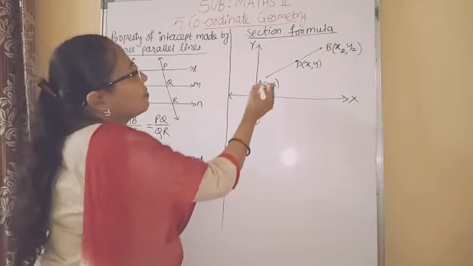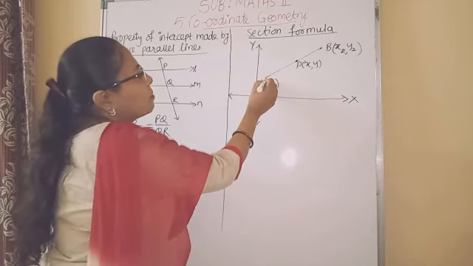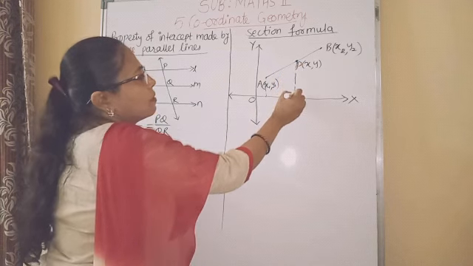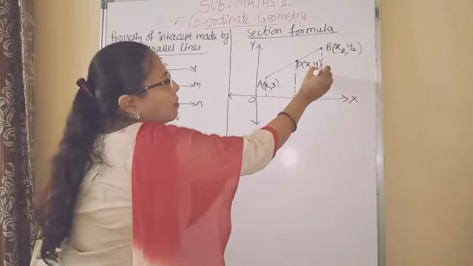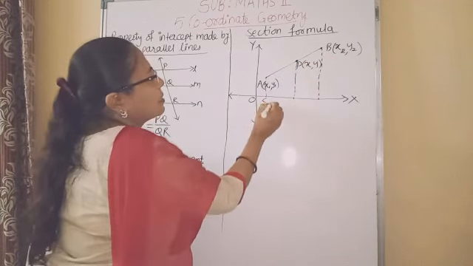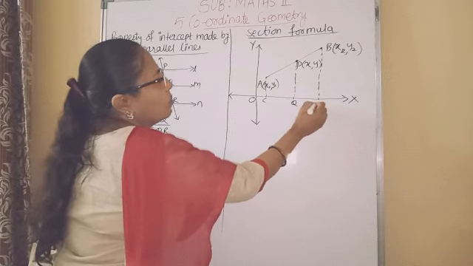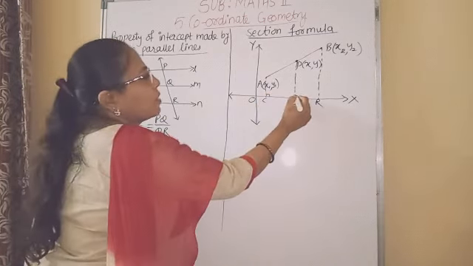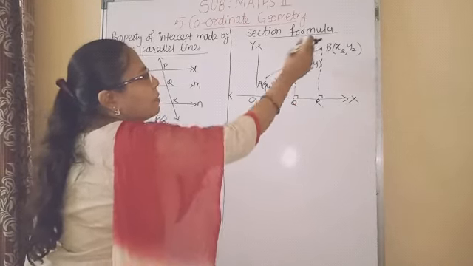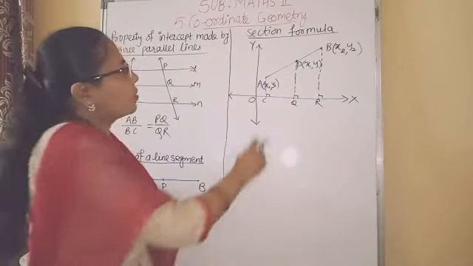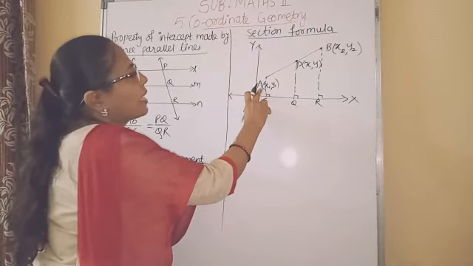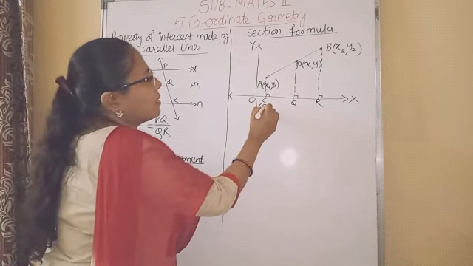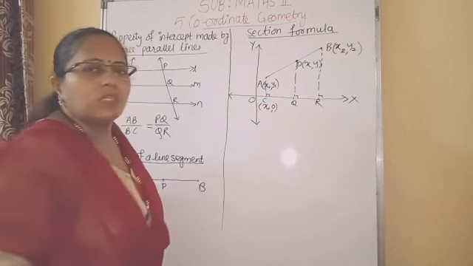Now we will draw perpendiculars from these points on the x-axis. Let them be C, Q and R. These are the perpendiculars drawn from points A, P and B to the x-axis. So the x coordinate of point A is x1, therefore the coordinates of point C we will get are x1 and 0.